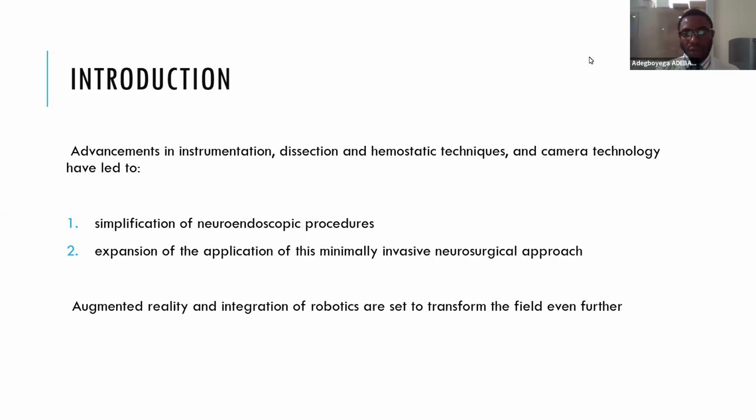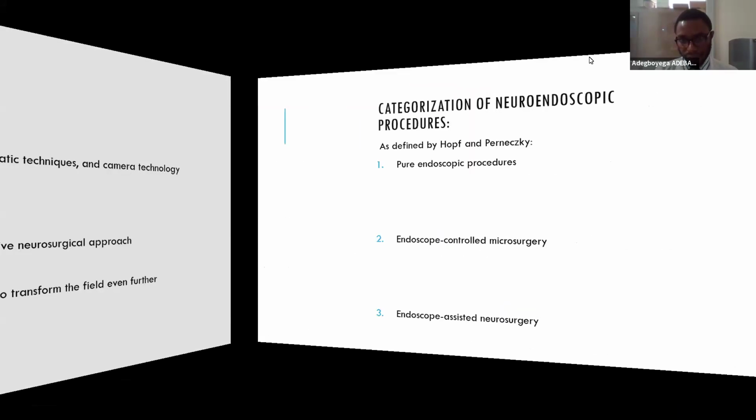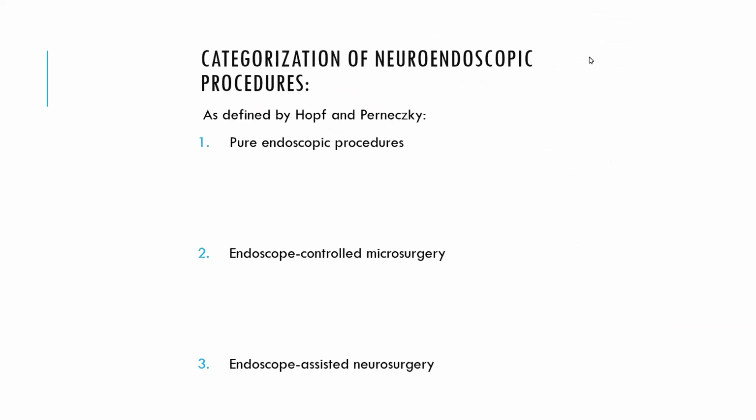The integration of emerging technologies like augmented reality and robotics is poised to revolutionize the field of neuroendoscopy even further. Osborne and Lexi define three categories of neuroendoscopic procedures, including pure endoscopic procedures, endoscope-controlled microsurgical procedures, and endoscope-assisted neurosurgical procedures.